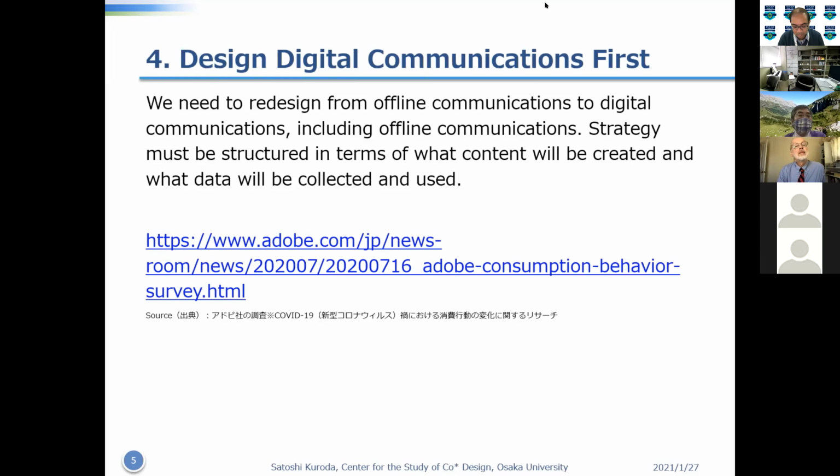We need to redesign from offline communications to digital communications, including offline communications.